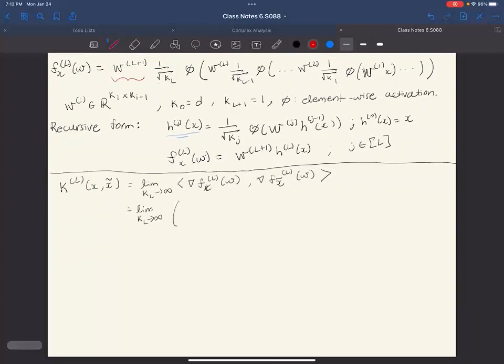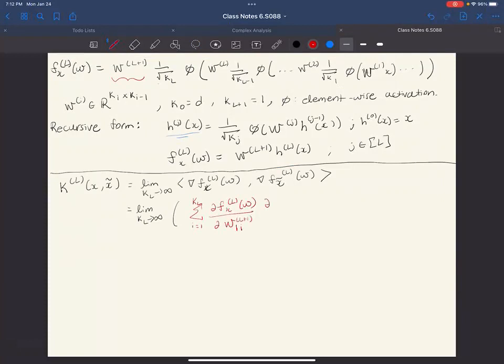So first, I'm going to group all of the parameters. This is just going to be i equals 1 to K_L. I'm just going to group all of these inner products with respect to the W_1i^(L+1).